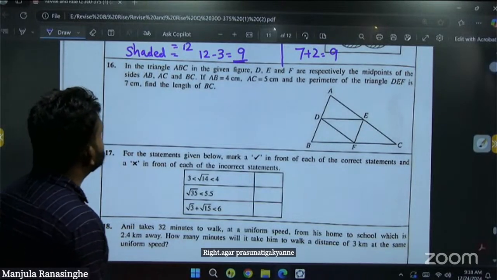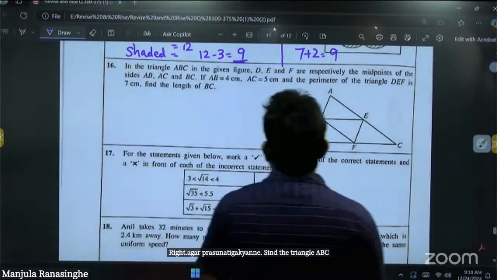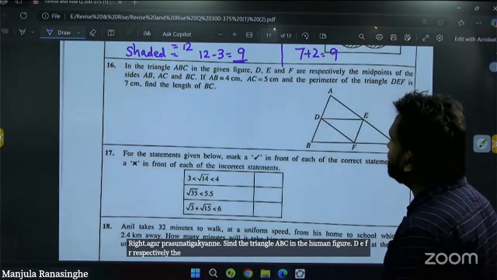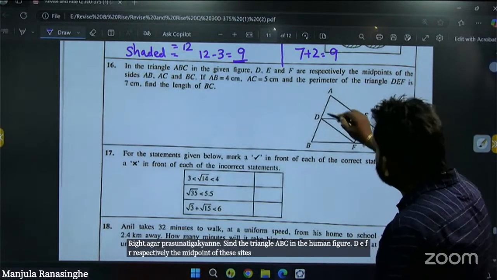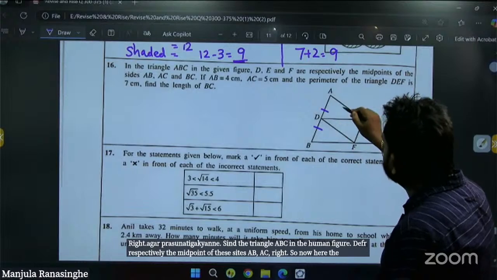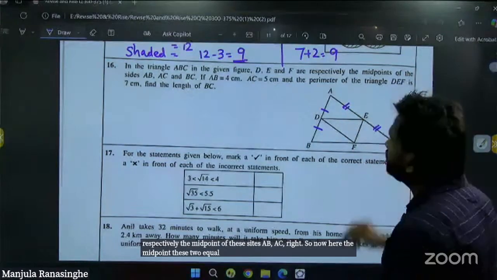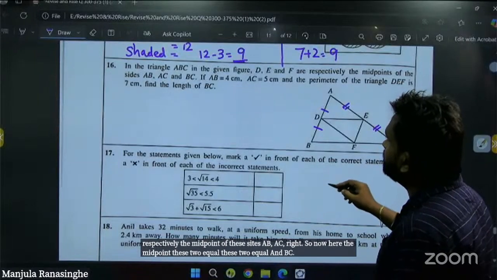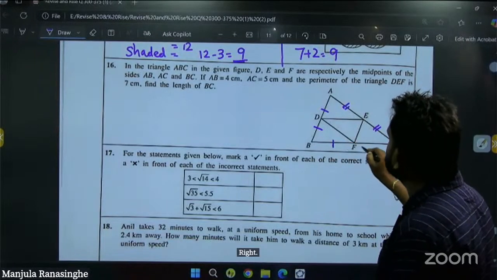So in the triangle ABC in the given figure, D, E, F are respectively the midpoints of these sides AB, AC, right. So now here the midpoint, these two equal, and BC, right. These two equal.